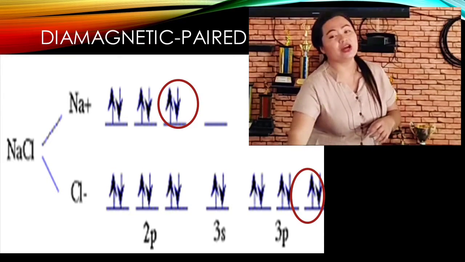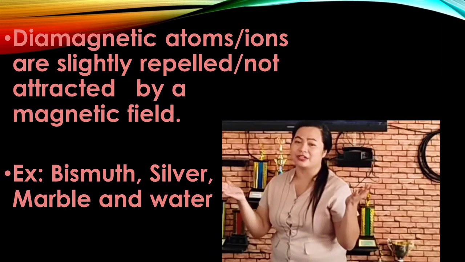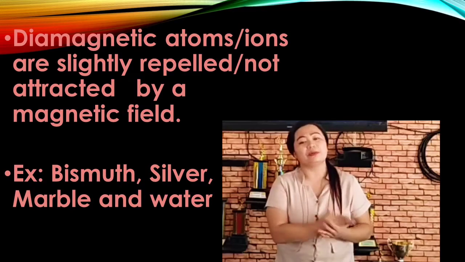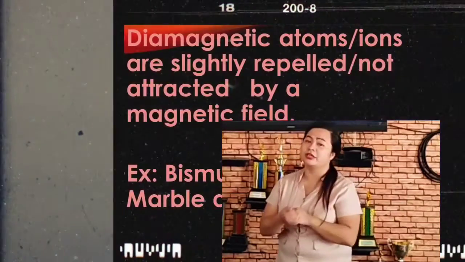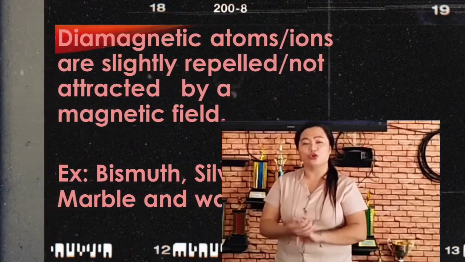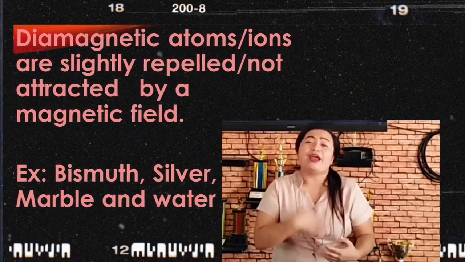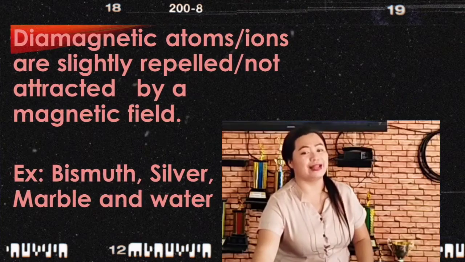Great. So what are other descriptions of our diamagnetic elements? Diamagnetic atoms or ions are slightly repelled or not attracted to a magnetic field. Examples of this are bismuth, silver, gold, marble, and water. So where can we use diamagnetic materials?